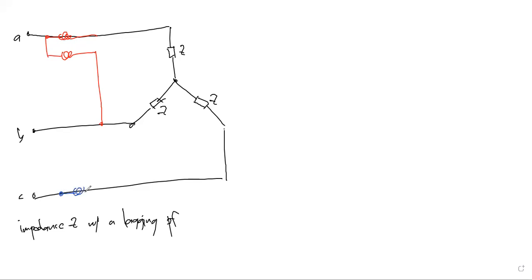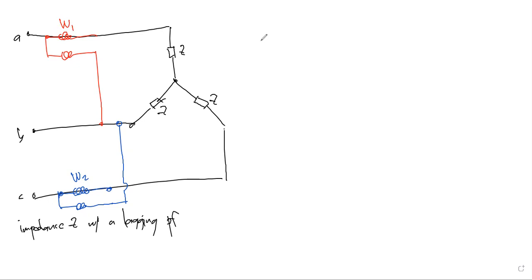So the common point is B. This is wattmeter 2, and then this would be wattmeter 1.